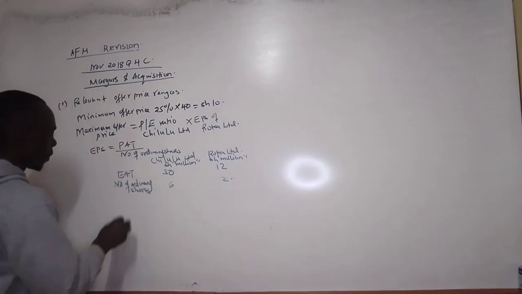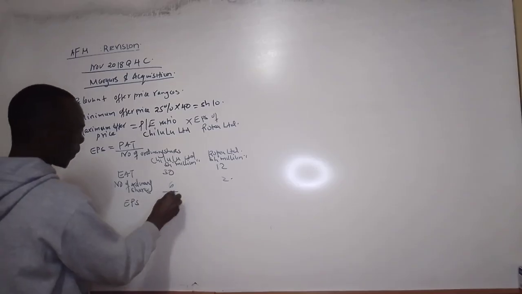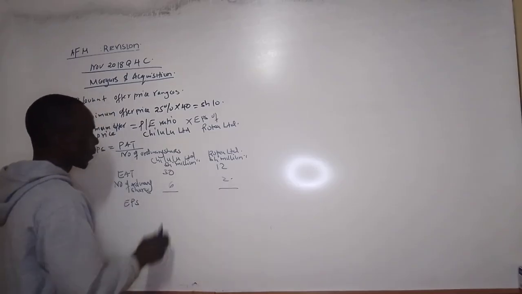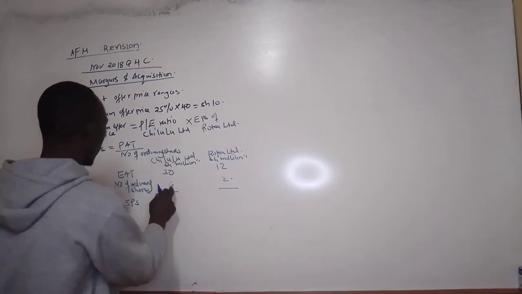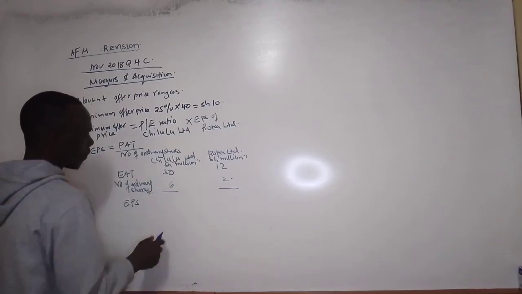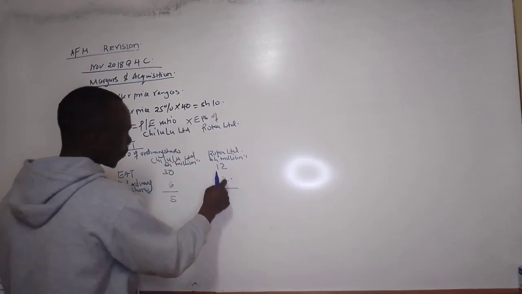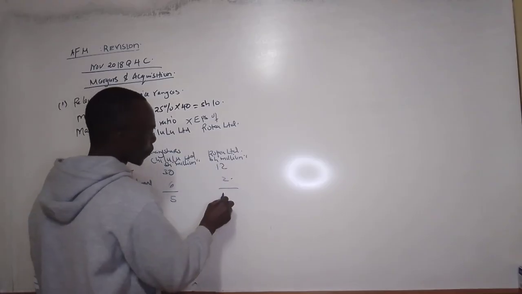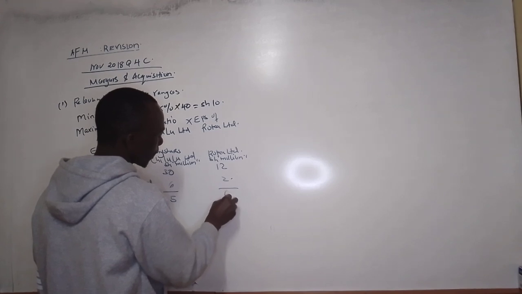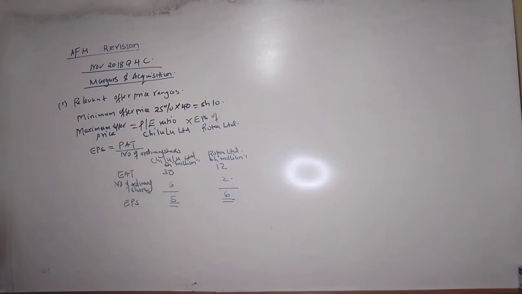That's what we have. So let us get the EPS. When we divide these, this divided by this, you will get 5. And this divided by this, you will get 6. So that is our earnings per share in this case.